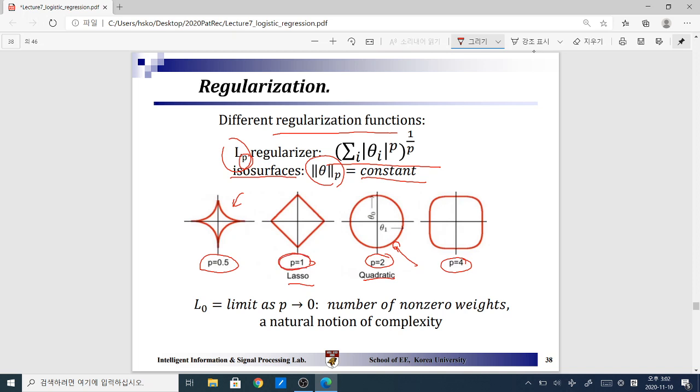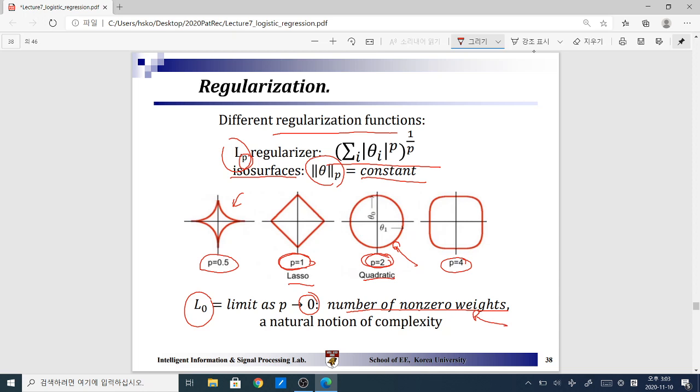So when P equal to 1, we say it's the L1 norm. And when P equal to 2, we say L2 norm. And for L0, as you can see, it is the limit case with P equal to 0, which is going to give you the number of non-zero weights, where this actually represents the complexity in terms of sparseness.